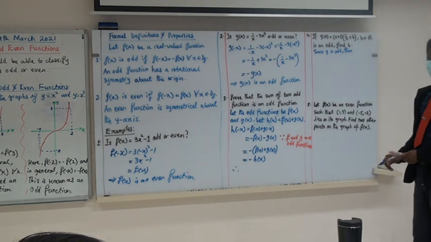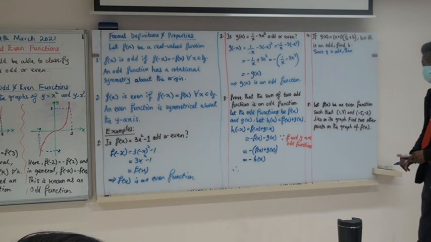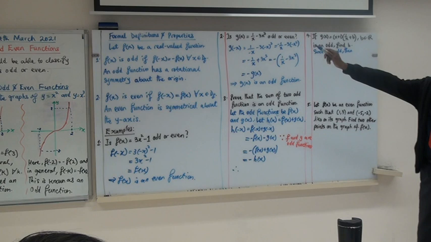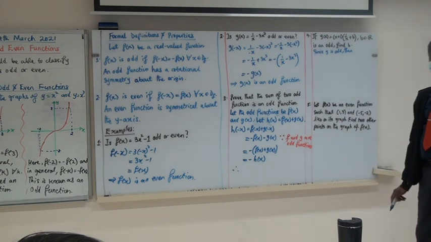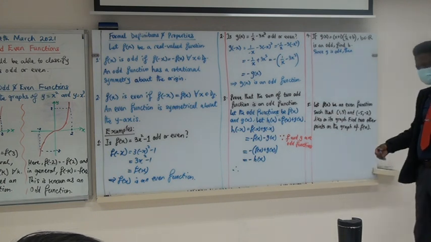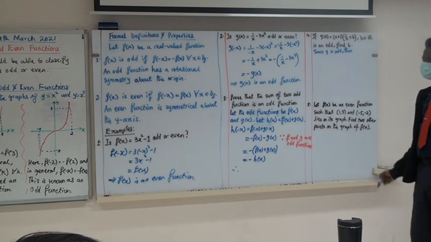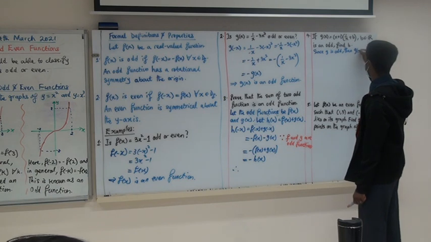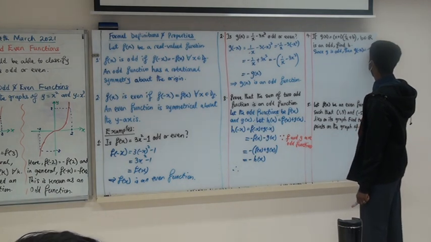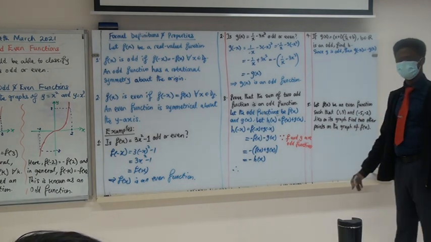Is there anything about the x-intercept here? No. Since g is odd, what is the first thing that comes to your mind? G of negative x. That's what you should always think of.